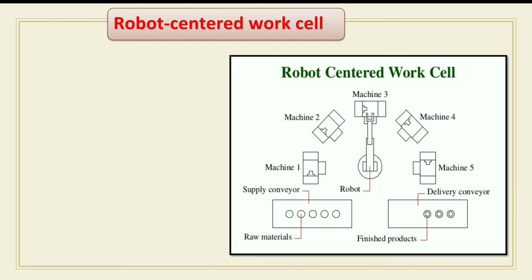In the most elementary case, one robot performs a single operation, either servicing a single production machine or performing a single production operation. The initial installations of industrial robots in 1960 were illustrative of this case, for die casting.